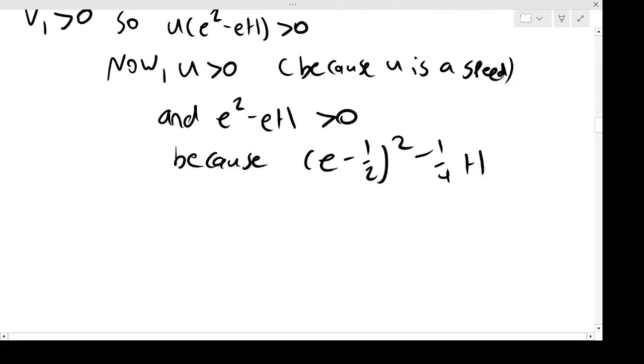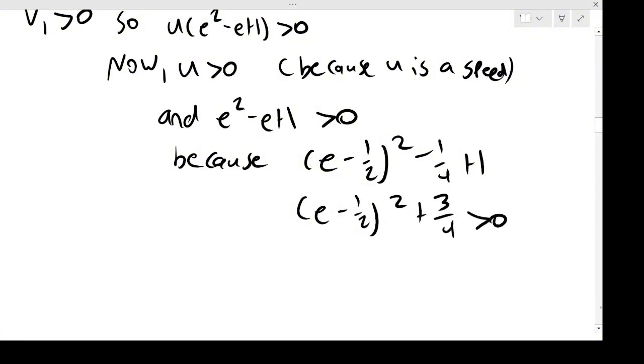Then if we simplify this, minus a quarter plus 1 is going to be plus 3/4. And that has to be greater than 0 because this whole thing is a square number. Square numbers have to be positive, right? But we're also adding a positive, so we're adding a square number to this positive 3/4. So the whole expression has to be positive.